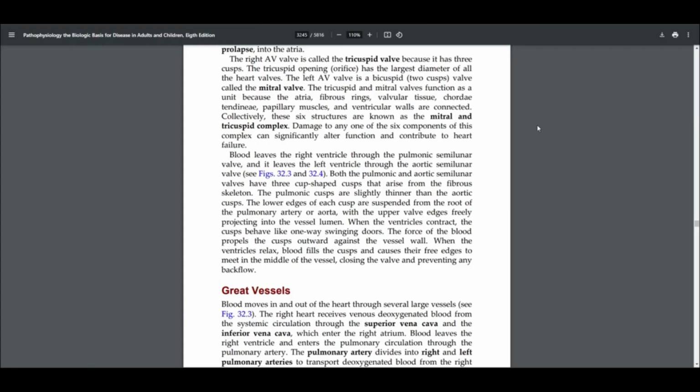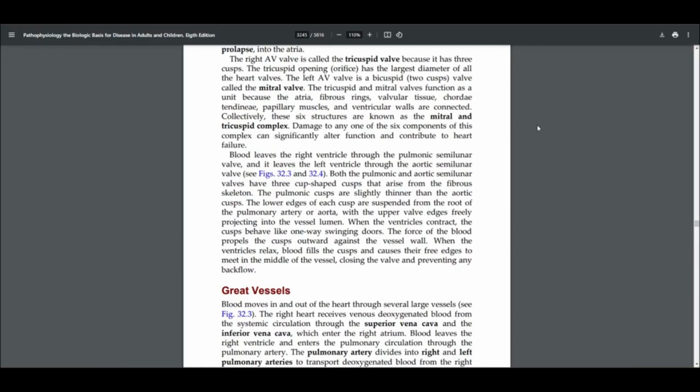The tricuspid and mitral valves function as a unit because the atria, fibrous rings, valvular tissue, chordae tendineae, papillary muscles, and ventricular walls are all connected. Collectively, these six structures are known as the mitral and tricuspid complex. Damage to any one of these six components of the complex can significantly alter function and contribute to heart failure.